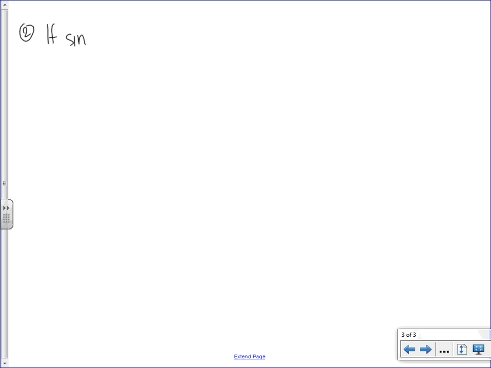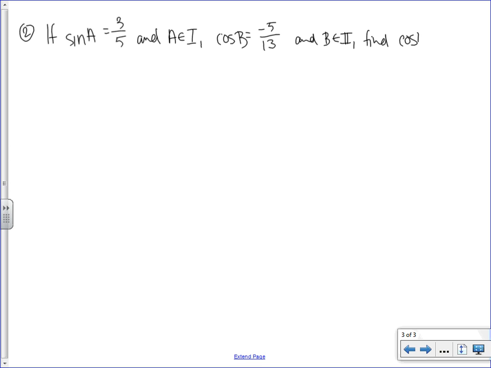If the sine of A is equal to 3/5, and A is in quadrant 1, and cosine of B is negative 5/13, and B is in quadrant 2, find cosine of A plus B.